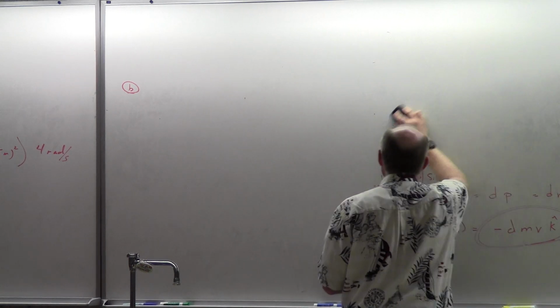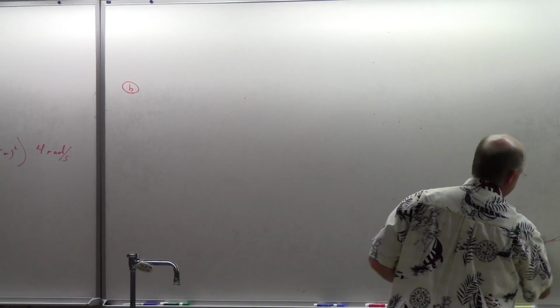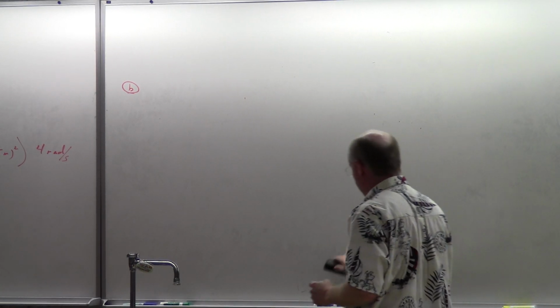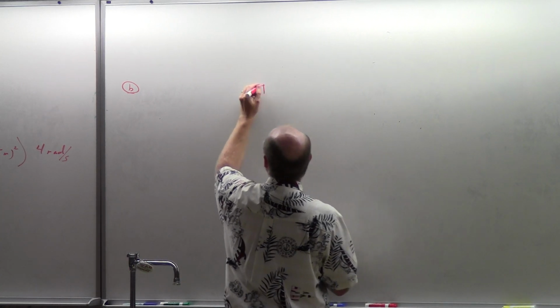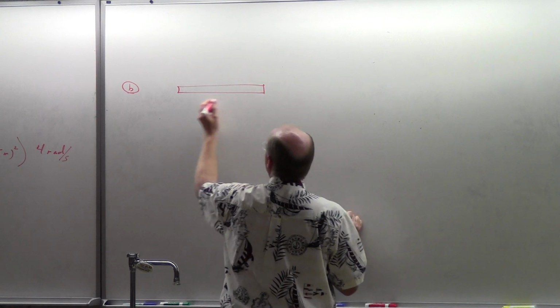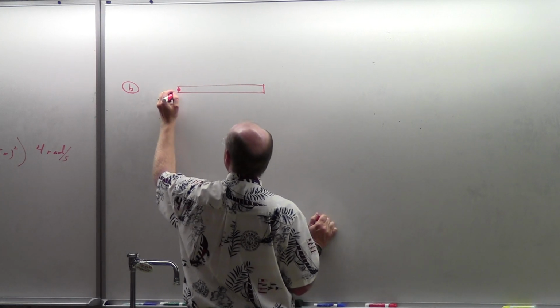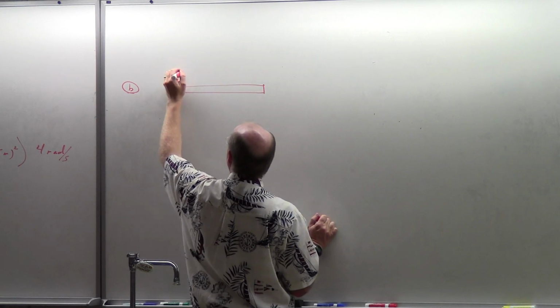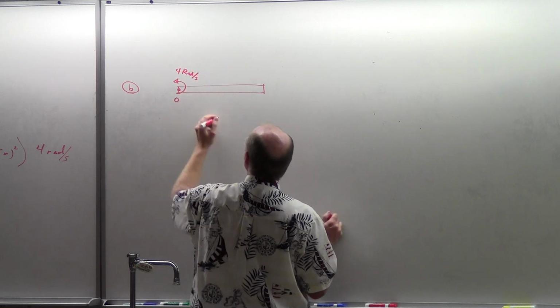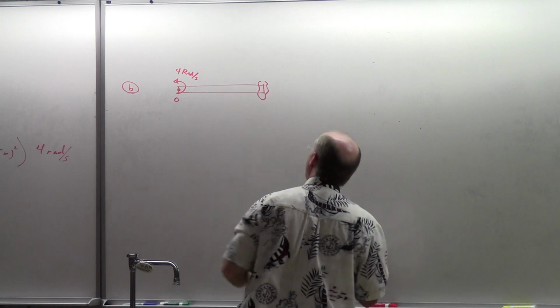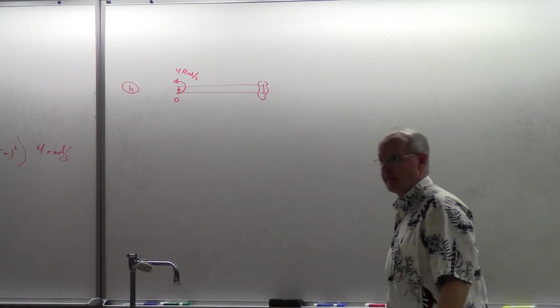But then B says, well, what if instead of rotating around the 50 centimeter mark, it's rotating around the 0 centimeter mark? So maybe a new picture would look something like this, where here is the 0 mark, and I'll put a little rotation here and say, okay, it's 4 radians per second, and here's the blob out there.